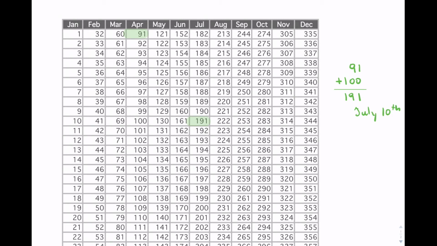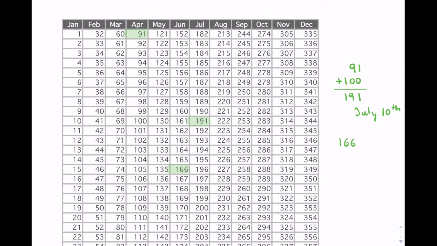Now we have to go from July 10th back to June 15th. June 15th is right here, that is the 166th day.